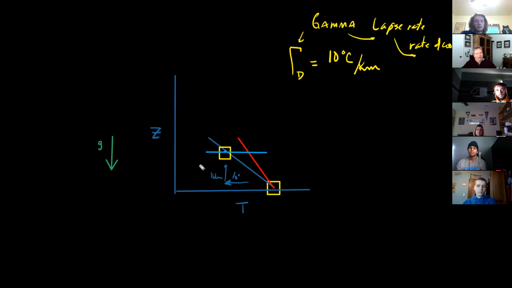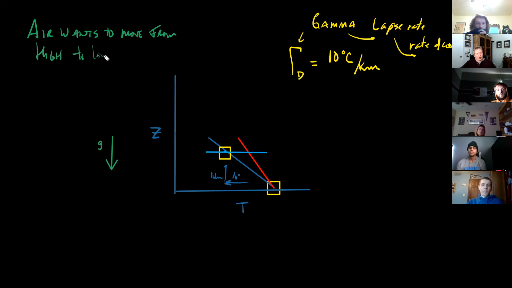And the reason for that is, here's something that you just need to know for now. Air wants to move from high to low pressure. So which way does this box want to move?